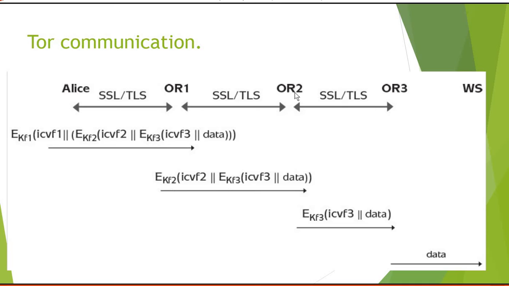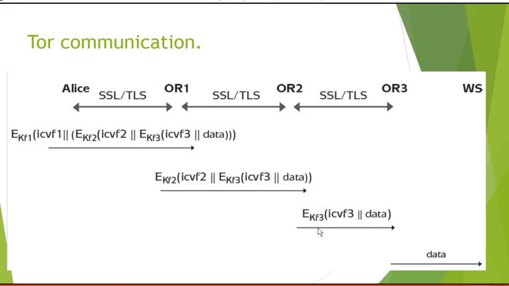So here onion router 2 will receive the integrity check value and the ciphertext, and it will transfer the ciphertext to onion router 3.